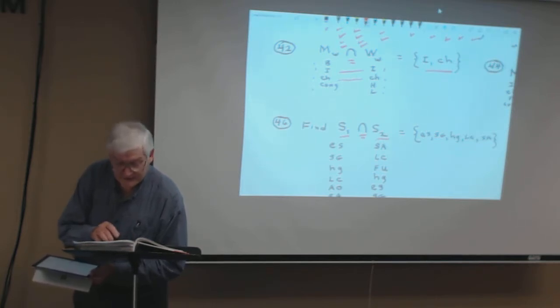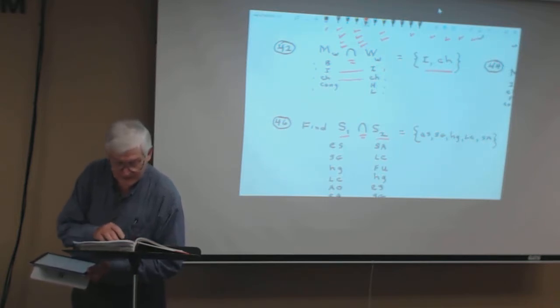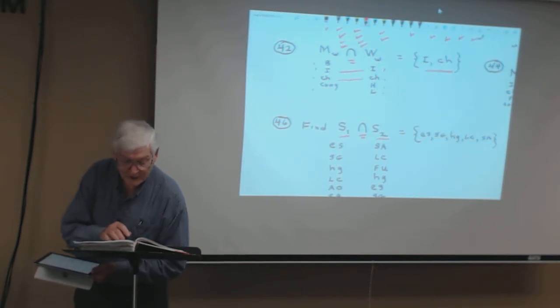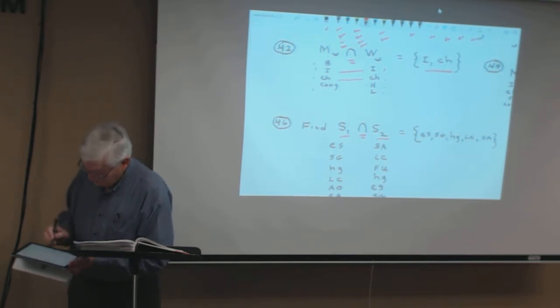Second year is S sub 2. You go, where do you get that information? Underneath the picture. Let S sub 1 be the set of traits mentioned in the first year. So I just wrote S sub 1 for the first year. And S sub 2, the traits mentioned for the second year. So I just wrote S sub 2 in my book. So now I'm looking for the intersection of these two sets.